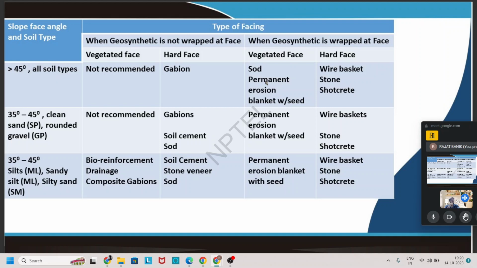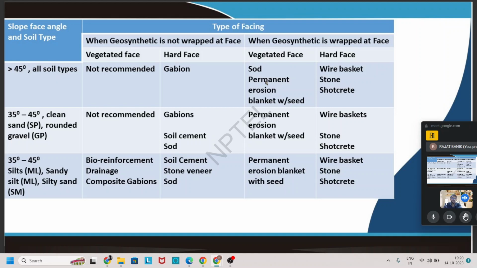Then when the face angle is between 35 degrees and 45 degrees, and the soil material is clean sand, that is SP, and rounded gravel, that is GP, meaning poorly graded sand and poorly graded gravel, when we use the not wrapped face, for vegetative face we do not recommend anything.